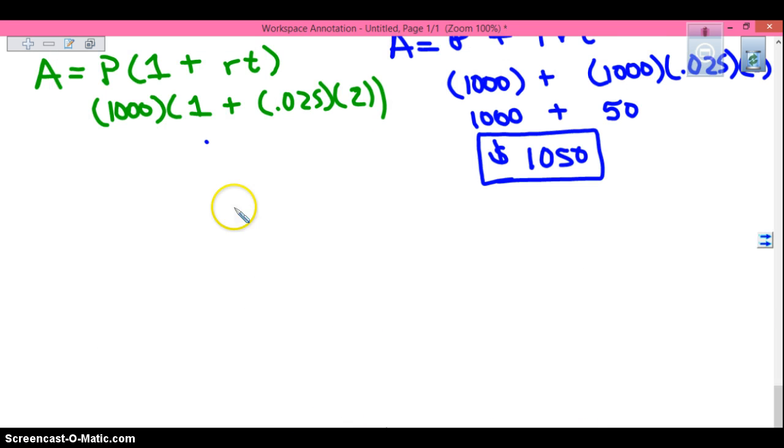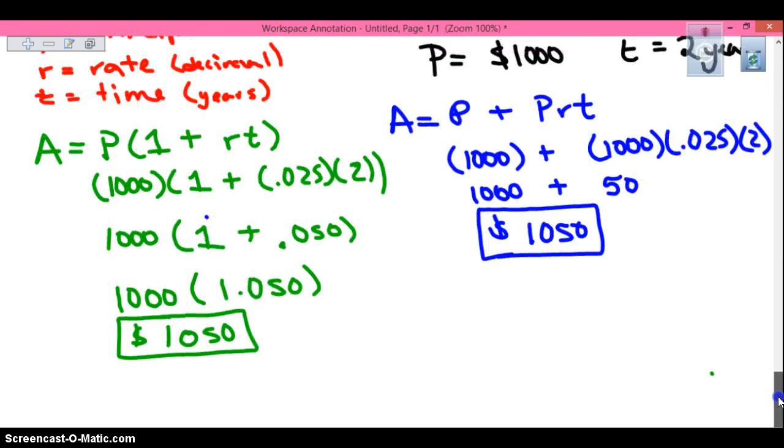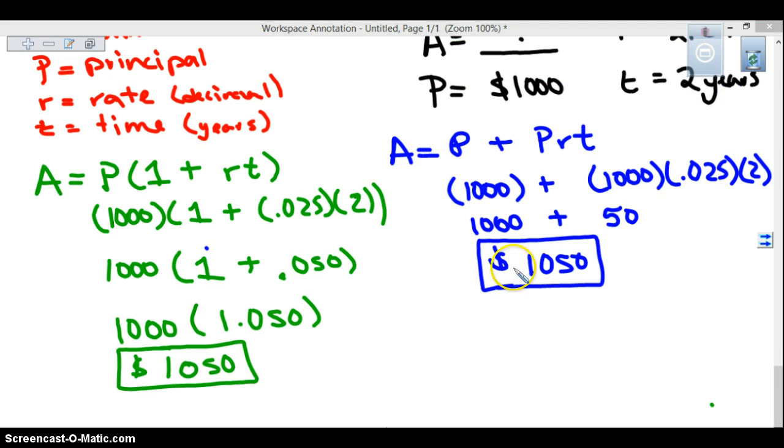We work this out. 1,000 times 1.05 is 1,050, and we can see that using either of the two formulas we get the same result.